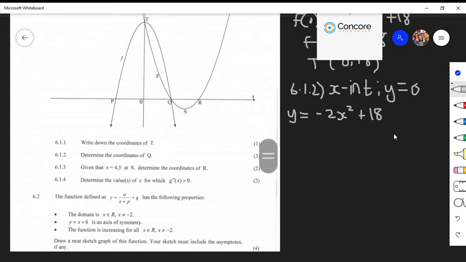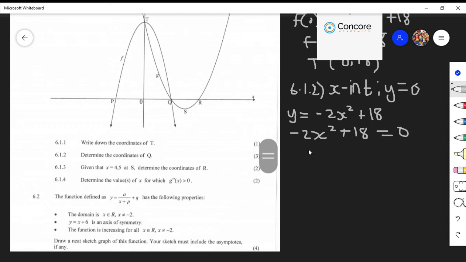If ever you guys don't understand while I'm talking, you can just speak up and ask what you need to, okay? So y is equal to -2x squared plus 18. When finding the x-intercept, we always make y equal to 0. So we'll have -2x squared plus 18 equal to 0.